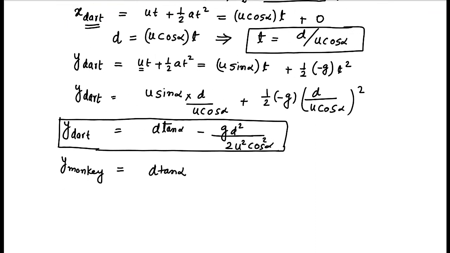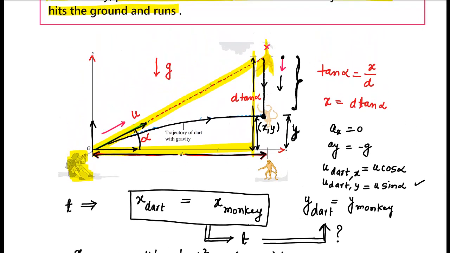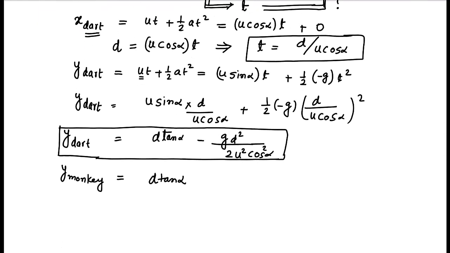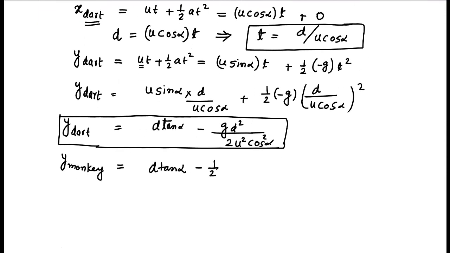And where am I getting d tan alpha from? Because initially I said that in this triangle I know d, so I know this vertical height, that is d tan alpha, and this distance is half g t square. So d tan alpha minus half g t square is the y-coordinate of the monkey, and t I know, that is d divided by u cos alpha.